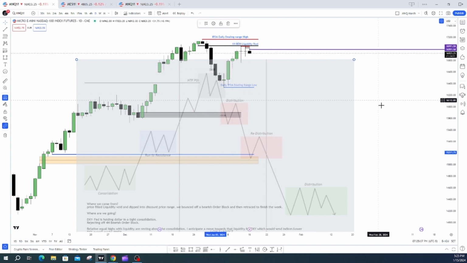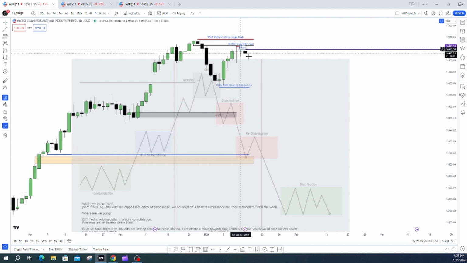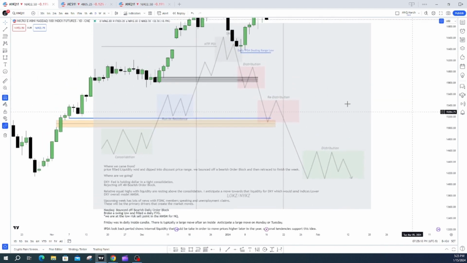And ultimately what we would like to see is a price leg move lower, a consolidation, a price move lower, and then ultimately this distribution come down below this low. And that is also what we're seeing in the dollar index.